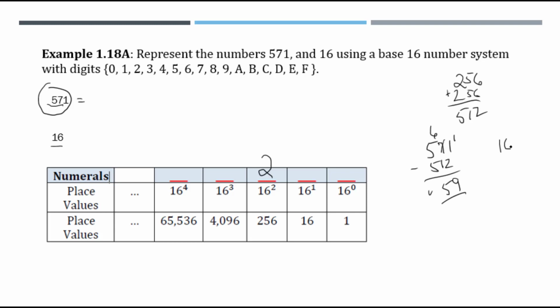Well, 1 16, 2 16s, 3 16s, 4 16s. I can't get 4 16s, but I can get 3. So I'm going to put a 3 here. 3 16s is 48. And I have 11 left. Recall 11. What am I going to put here? And if you answered B, you would be entirely correct. So that's 2, 3, B, base 16.